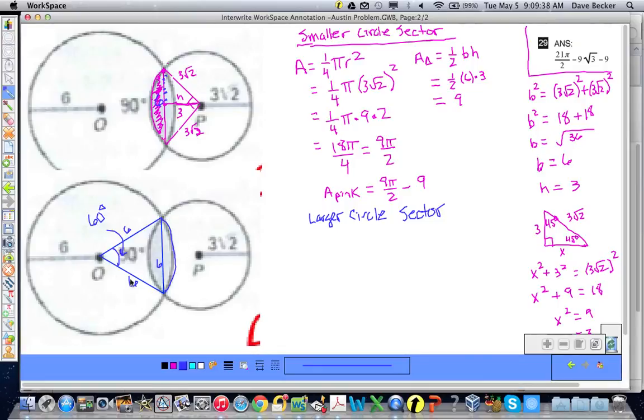So it's like this ice cream cone I'm going to find the area of, and that's just 60 over 360, or 1/6 the area of the whole circle. So that is going to be 1/6 times pi r squared, which is 1/6 times pi times 6 squared, which is 36, which is going to be 36 pi over 6, which is equal to 6 pi.